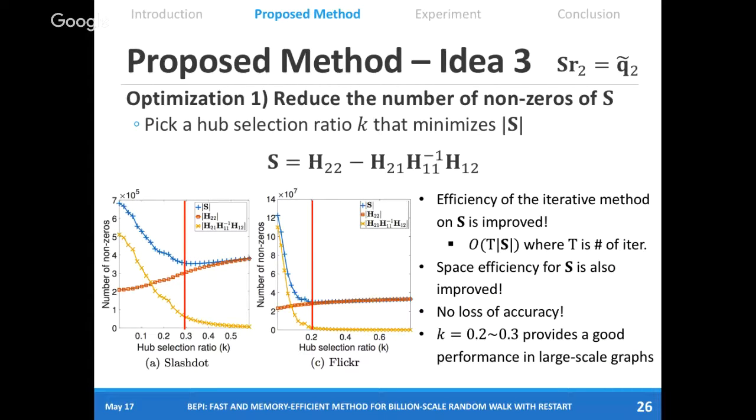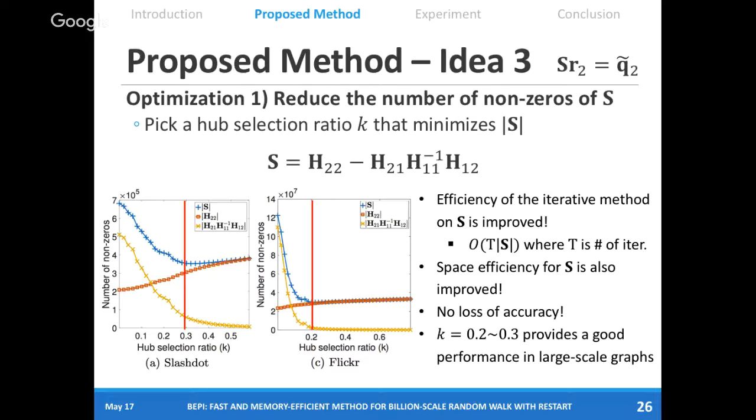In this figure, the y-axis indicates the number of non-zeros of a matrix, and the x-axis indicates the hub selection ratio K. The blue line is for S, the yellow line is for this term, and the red line is for H22.